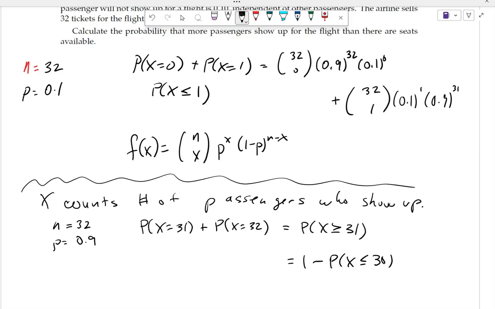The reason why I wanted to do this is because when we get to continuous distributions later, we're going to calculate some things using the CDF rather than the PDF. When we do probabilities in continuous distributions, we're going to do integration, so it's going to be adding across a continuous interval.